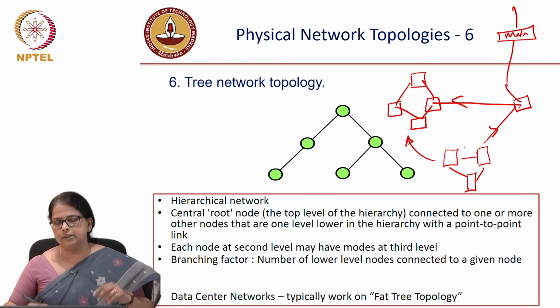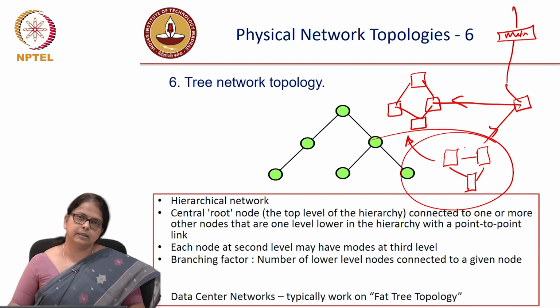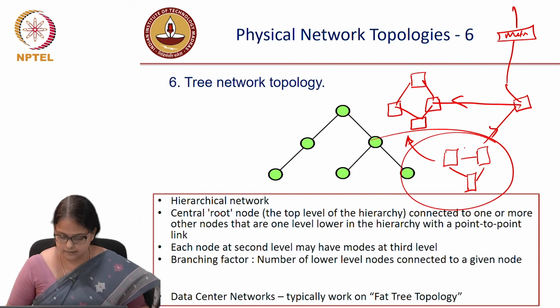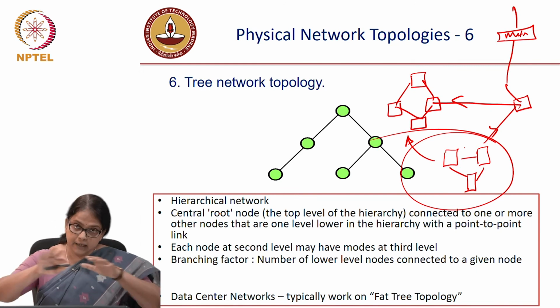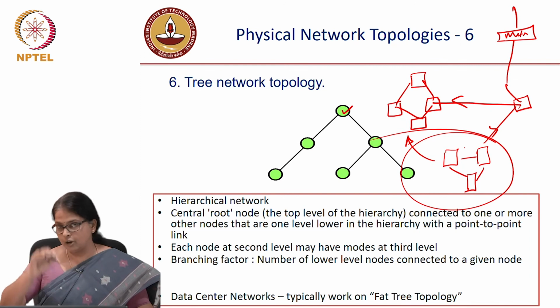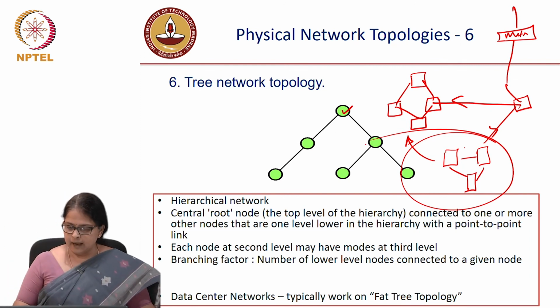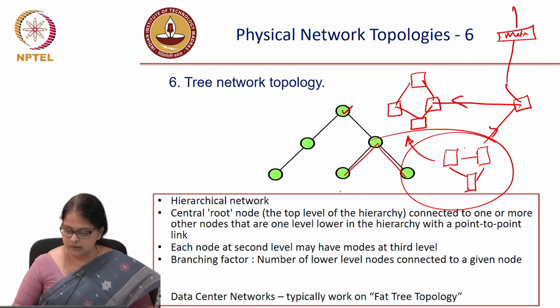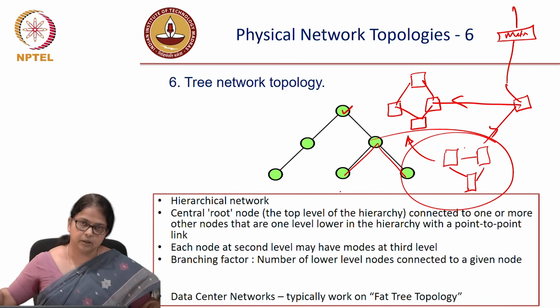So this data center connectivity, the network in a data center, is mostly implemented in the tree topology, where it's highly hierarchical. There is a central root node at the top level of the hierarchy. This gets connected to multiple nodes, and each secondary node, depending on the number of servers that you're handling, may get connected to third level nodes.